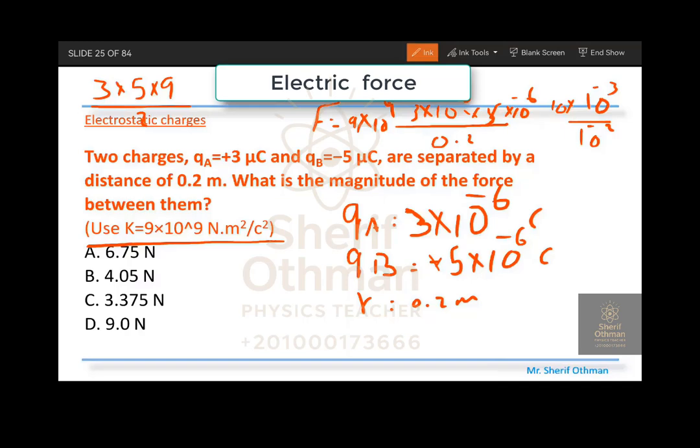So 9 times 5, 45, times 3, 135 divided by 2 will be 67.5 times 10 to the power negative 1. So the answer, I think, will be this one.